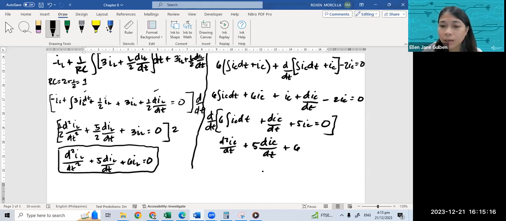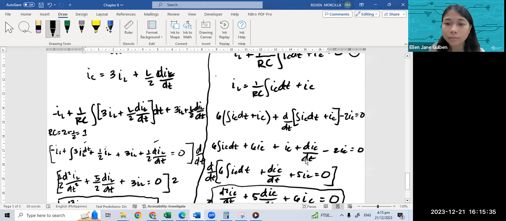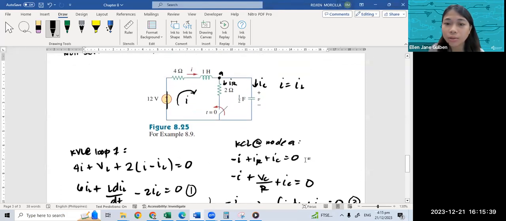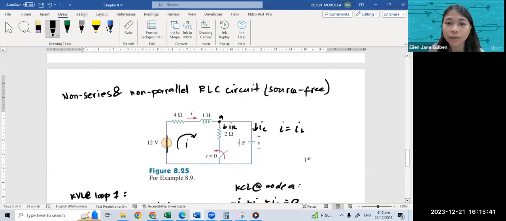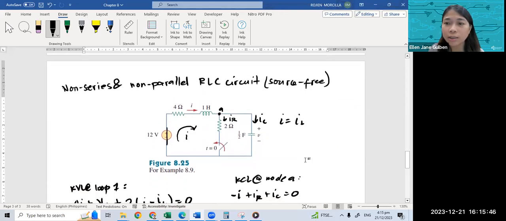Derivative of an integral is cancelled out. So right here, plus is the same function with a different variable. So that is how you're going to solve source-free, non-series, non-parallel RLC.